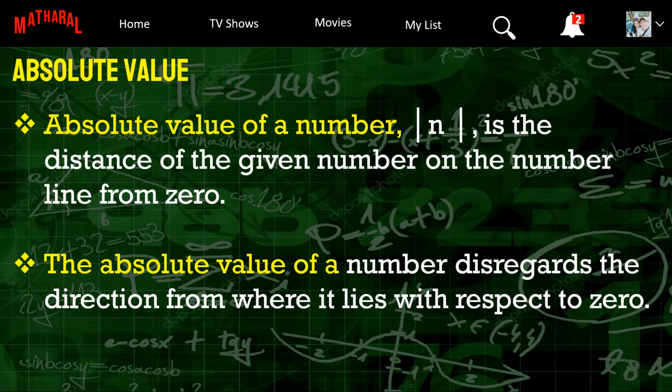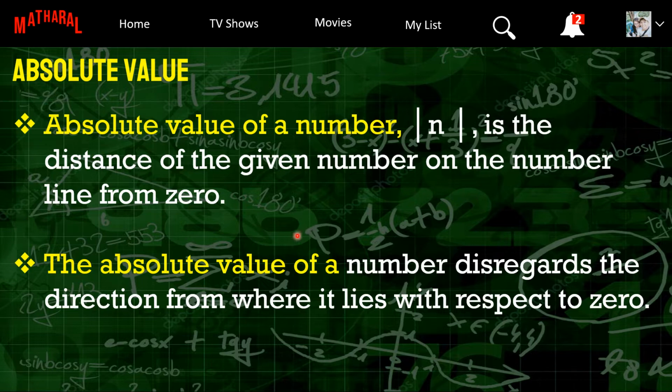Absolute value. The absolute value of a number, such as this symbol, is the distance of the given number on the number line from 0. The absolute value of a number disregards the direction from where it lies with respect to 0.